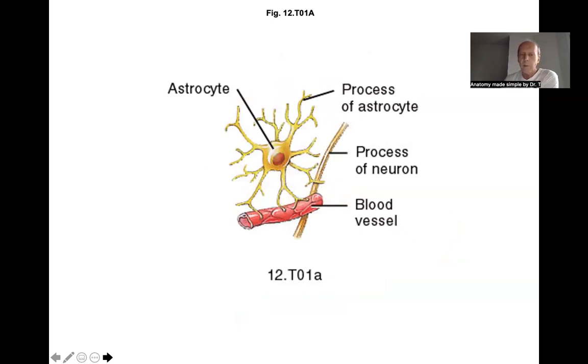We have here additional support cells, which I partly introduced in an earlier section. We're going to talk about these cells like astrocytes later on when we do the physiology and anatomy of the central nervous system. Right now, you can just remember its name. It's the astrocyte, astro because it looks like a star, aster, and cyte because people thought for a long time that it's a neuron, but it's not.